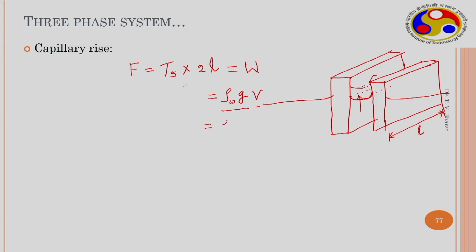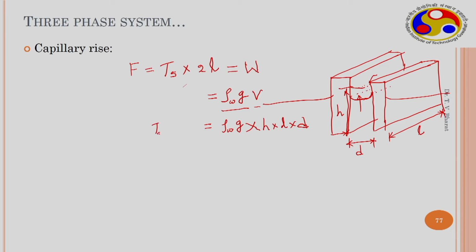The density of water can be found, and the volume is, if the rise of height is h and the distance between the particles is small d, height times L times d.